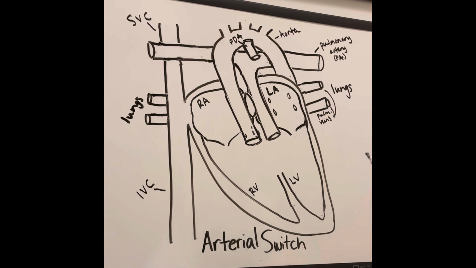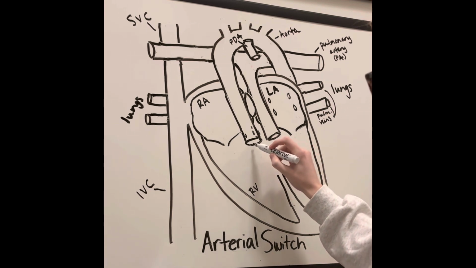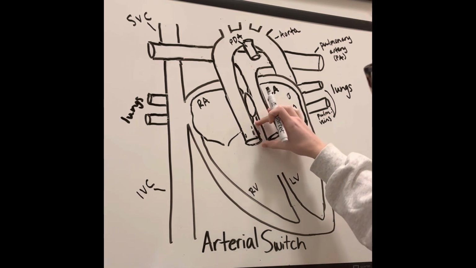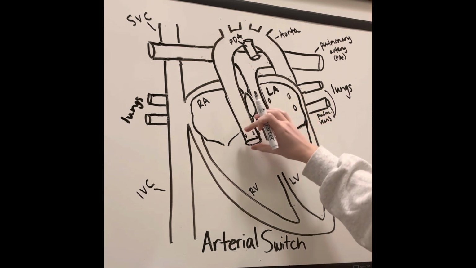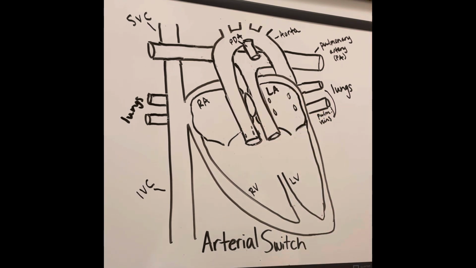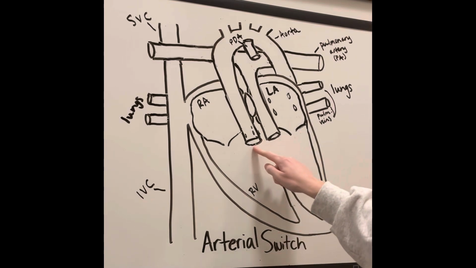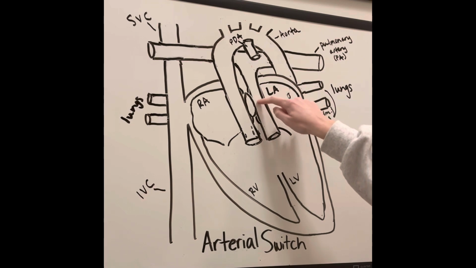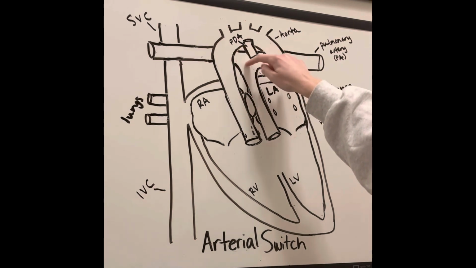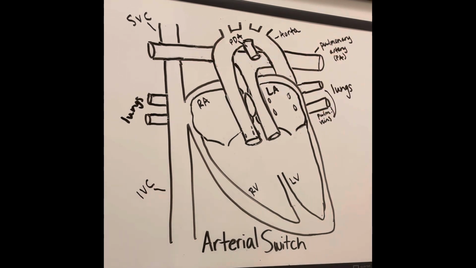So what they have to do is, because you cannot take the root of these out, think of like the root of your hair. This is where it connects to your head, and then this is your actual hair. We're going to cut the hair instead of pulling out the hair.